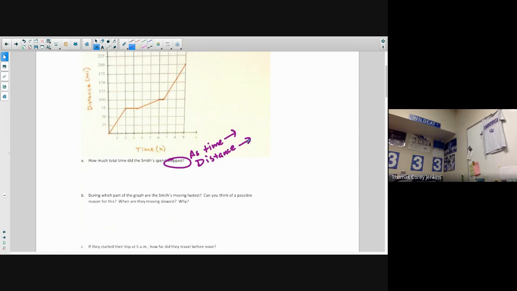So we're looking for a zero slope line. This would be a constant interval, right? So I'm going to go ahead and highlight those spots, from here to here and from here to here.